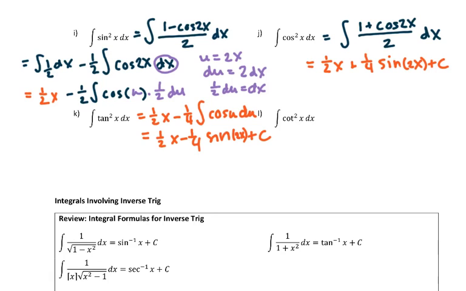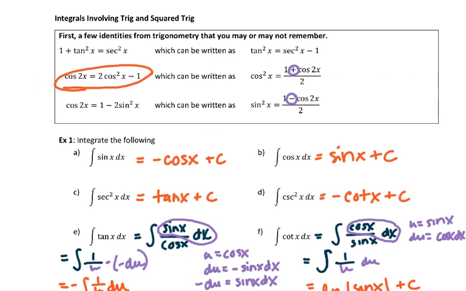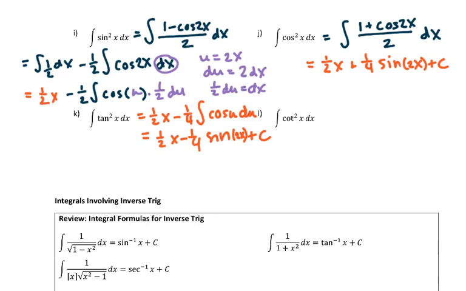All right, these last two squared terms are actually much easier because we can use Pythagorean identities to get them into squared terms we are familiar with. So tangent squared x, we're looking at this first one here from the Pythagorean identity. We can rewrite it as secant squared x minus 1 dx.